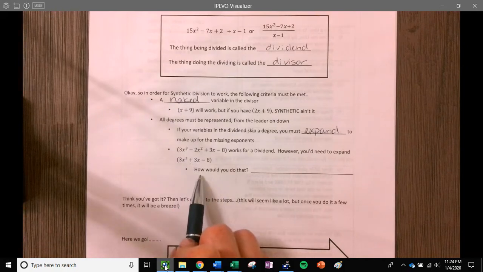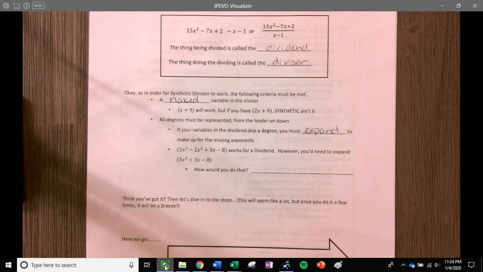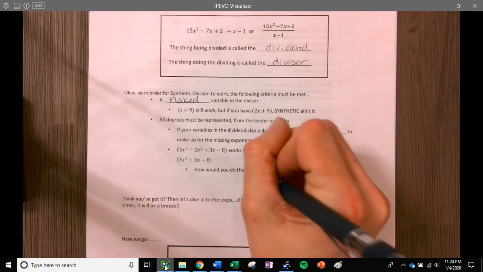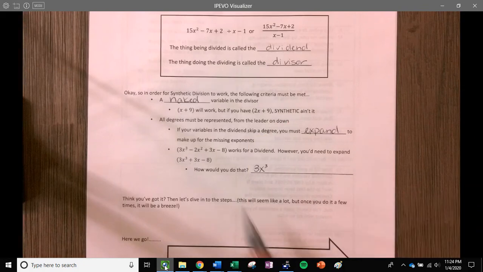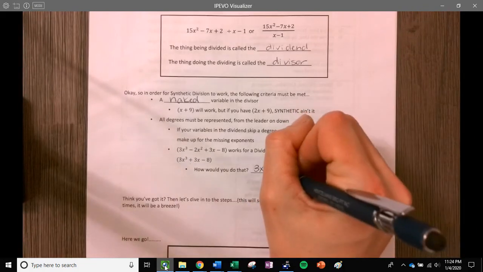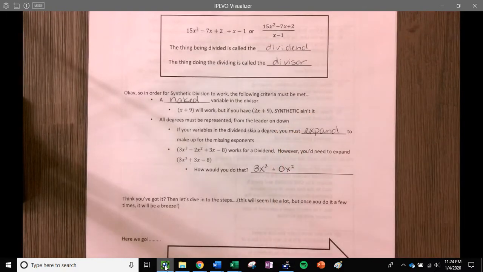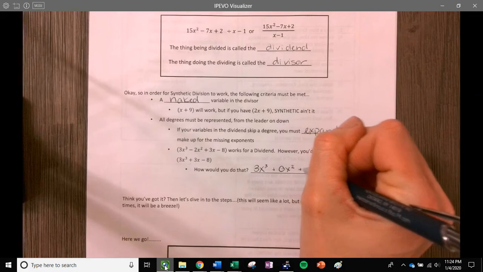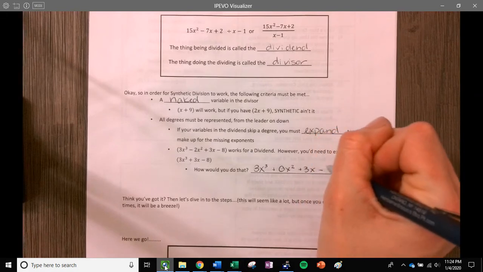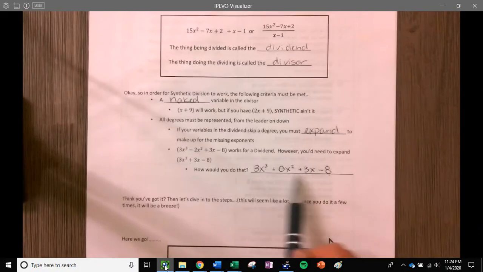So how would we expand this so that all degrees are represented? Well, 3x to the third stays just the way it is. I need to get an x squared in here. So I'm going to use a 0 as the placeholder. Then we pick right back up where we left off. Our 3x cubed, our 3x, and our 8. 0x squared is the only thing we added in there.